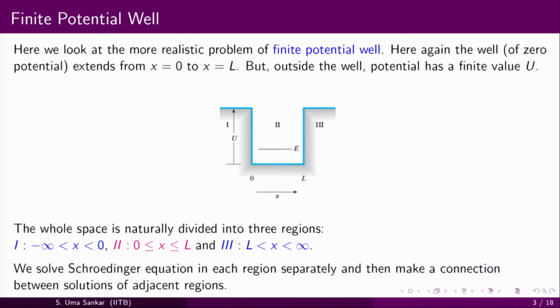I should in principle consider two different cases. Case 1 is the energy of the particle is less than the value of the potential outside the well, in which case the particle will always be bound within the well, because it does not have enough energy to overcome the height of the potential.